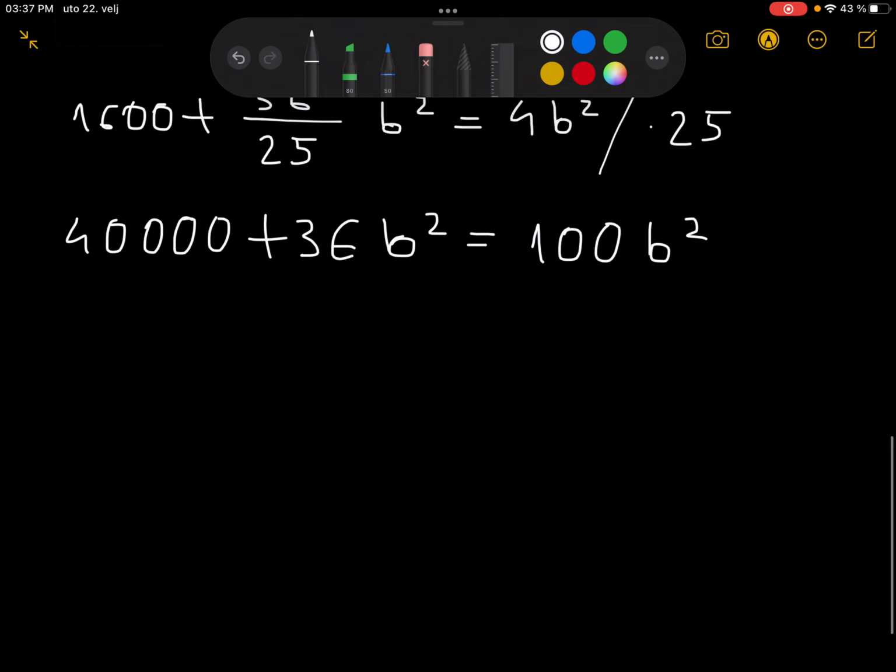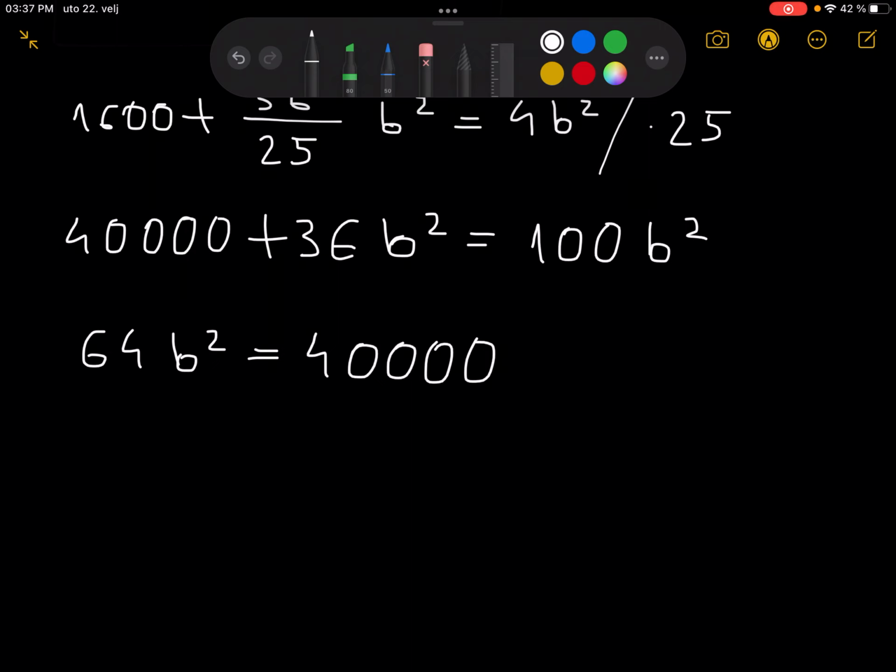So from here, it follows that 100B squared minus 36B squared is equal to 40,000. So 100 minus 36 is equal to 64. 64B squared is equal to 40,000.